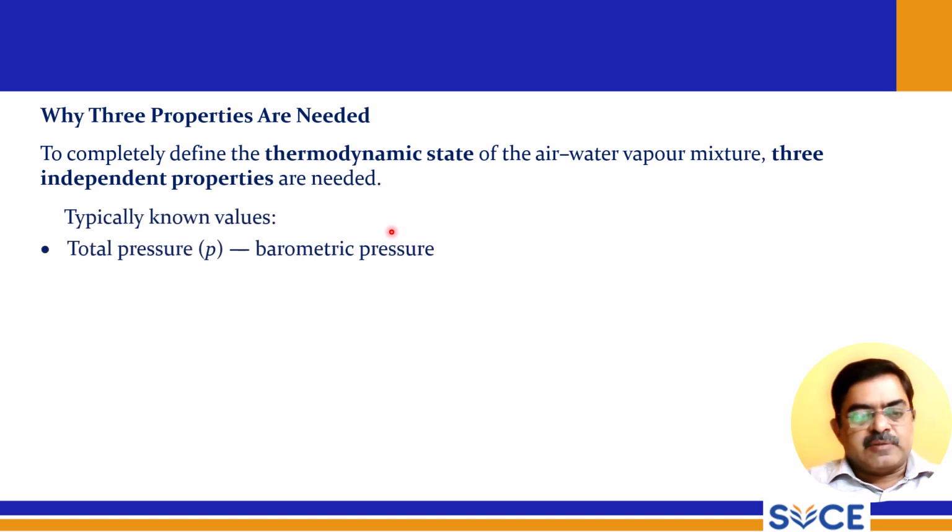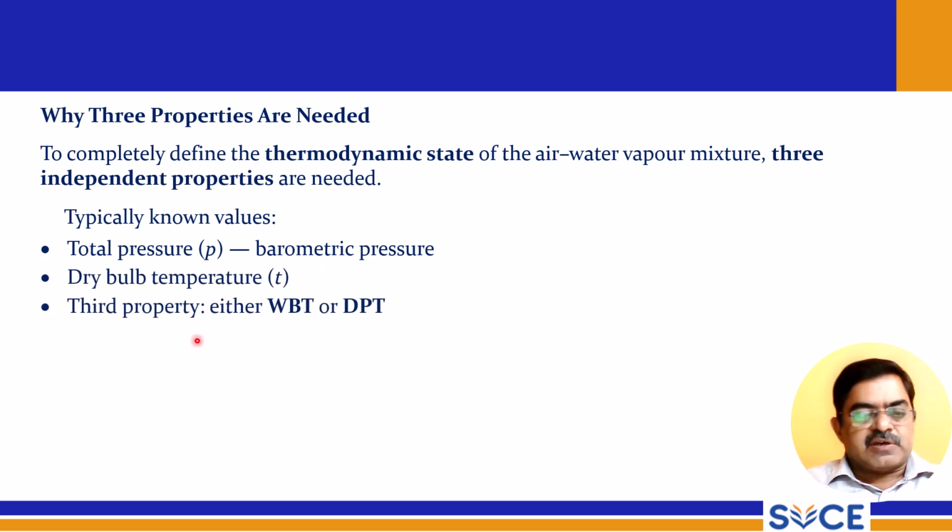They are the total pressure P, which is the barometric pressure, the dry bulb temperature T, and the third property, either dew point temperature or wet bulb temperature. These three are essentially needed to define the thermodynamic state of the air water vapor mixture.